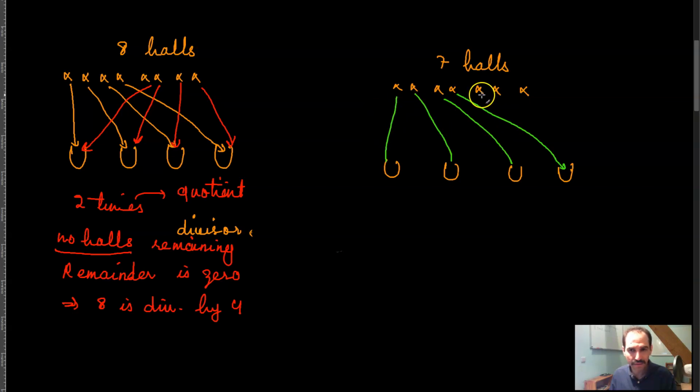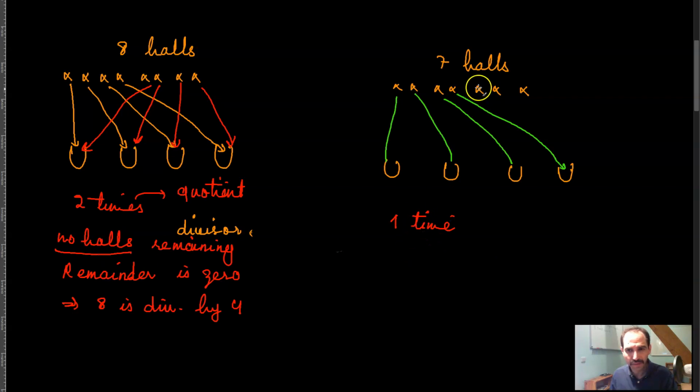The second time, if I want to start the process, as you can see, I have 4 bags here and 3 balls here, which means that the second time I cannot actually do the process anymore. So I have to stop here. So I could do the process 1 time, right?